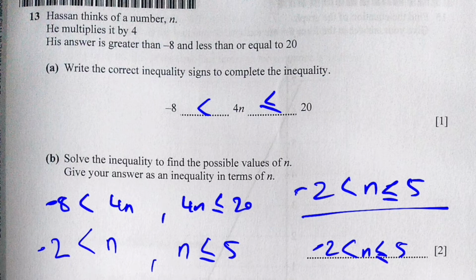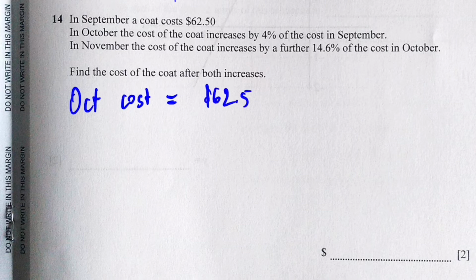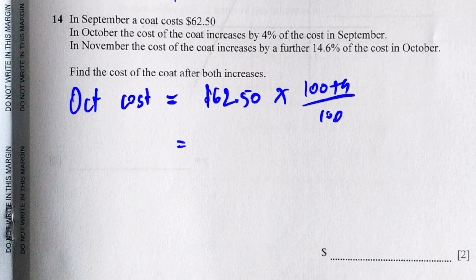Now you can go to question 14. In September, a coat cost $62.50. In October, the coat cost increases by 4% of the cost in September. In November, the cost of the coat increases by a further 14.6%. Find the cost of the coat after both increases. So first, let's do the 4% increase. So let's just write the October cost will be $62.50 times 100 plus 4 by 100, right? Because increase of 4%. And that will be, let's get our calculator out.